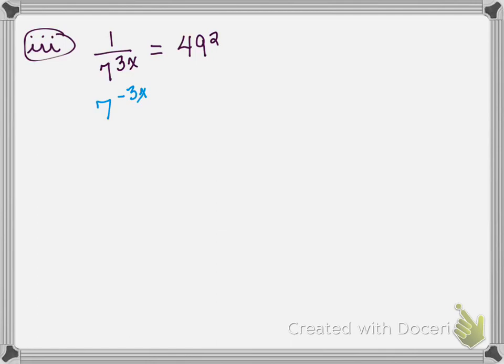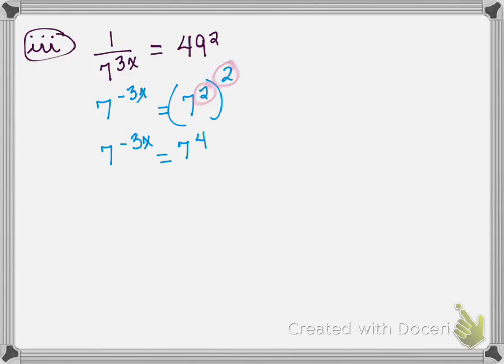Now, I can rewrite 49 as 7 squared, but 49 was raised to the second power. So again, we've got this power to a power that we've got to deal with, and you deal with that by multiplying. So I have 7 to the negative 3x equals 7 to the 4th.